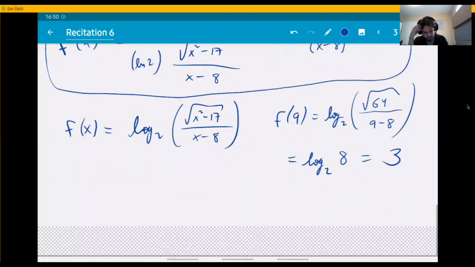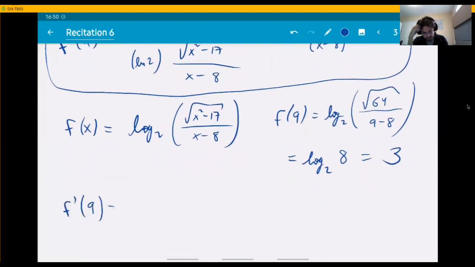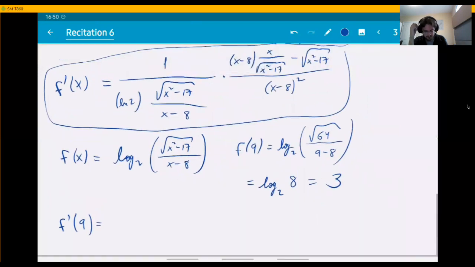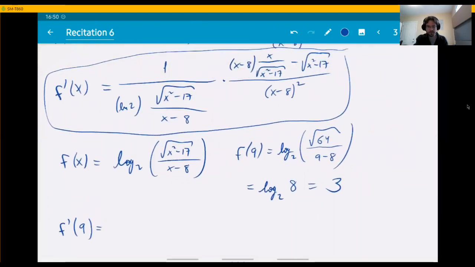And now f prime of 9, I'm looking back into this expression. I'm going to plug in x equals 9 in here. You'll see that it's really not that bad. 1 over ln 2. So once again, this expression here, this fraction, we just computed that for x equals 9. That's the number 8 times x minus 8, 9 minus 8 is 1.